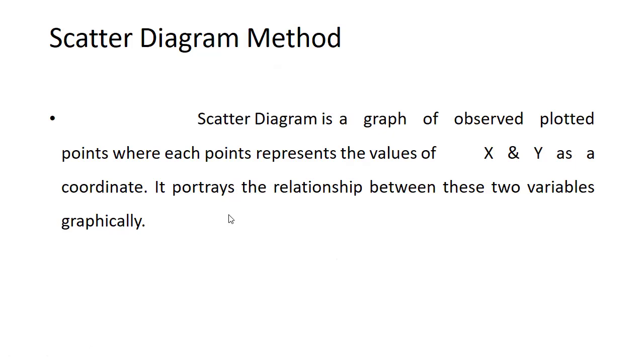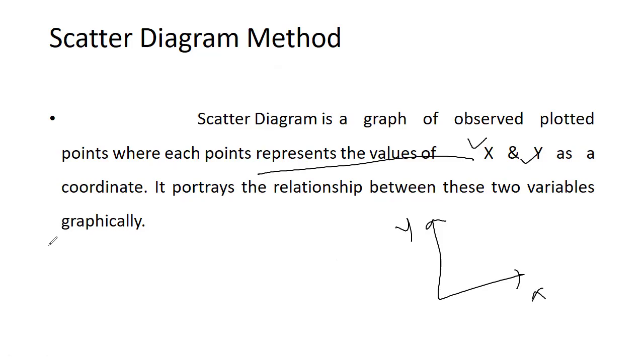The scatter diagram method is basically a graph of observed plotted points where each point represents the values of x and y. It portrays the relationship between these two variables graphically.